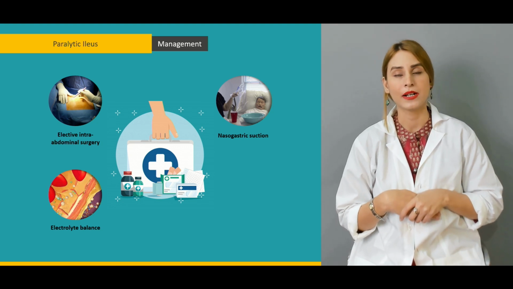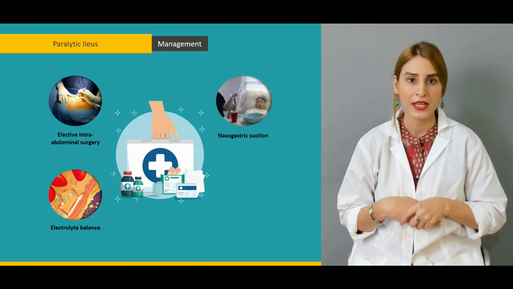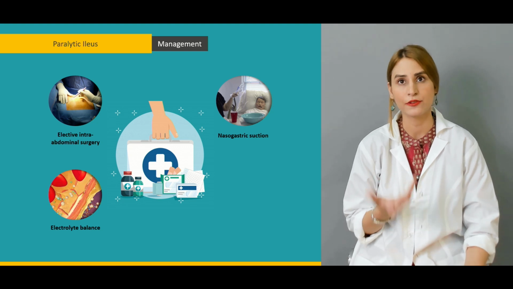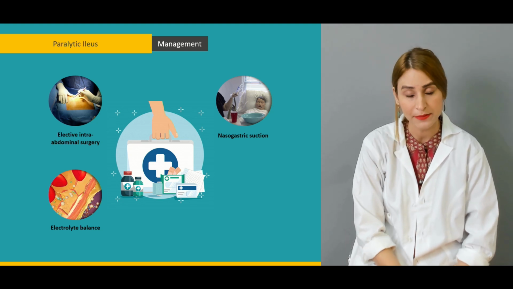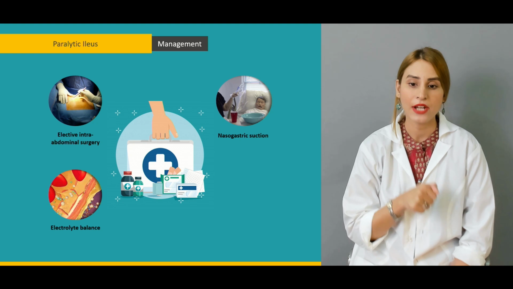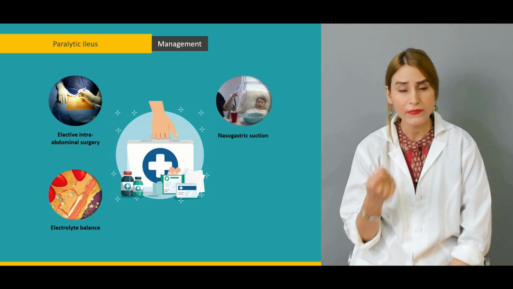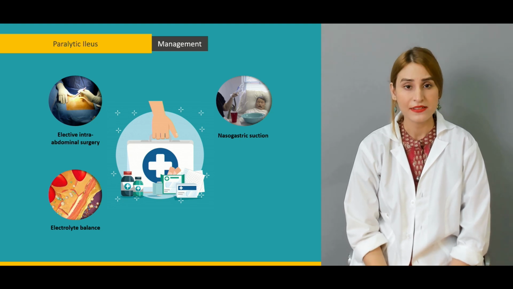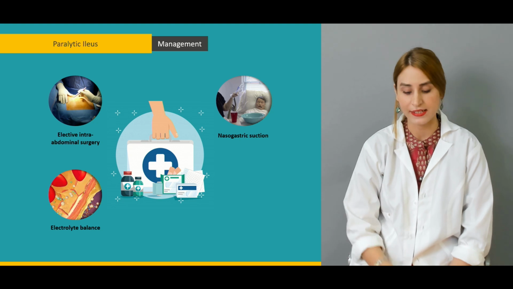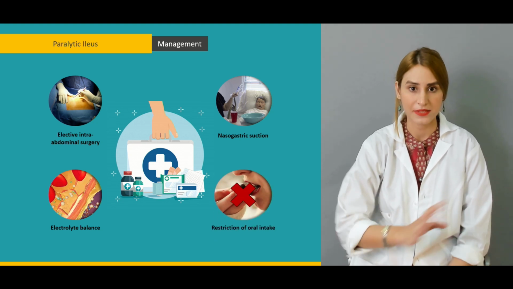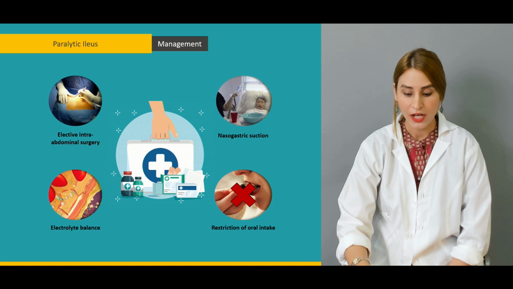You have to discontinue any kind of fluids or food orally. You have to keep the patient NPO, do the nasogastric suction, and balance the electrolyte and fluid imbalance. The other option is elective intra-abdominal surgery if the conservative treatment fails.